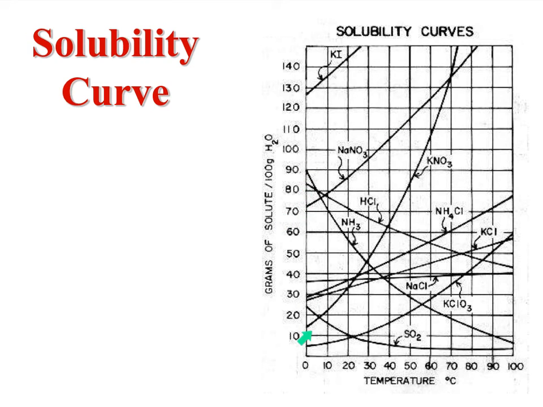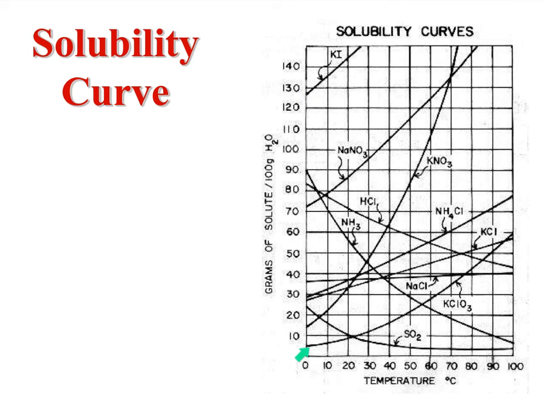All of these will dissolve in ice to varying degrees. This one here, potassium chlorate, is only slightly soluble as compared to potassium iodide, right? So somebody might say this one is insoluble at 0 degrees, and this one at 0 degrees is soluble. So you can see the difference between insoluble and soluble.